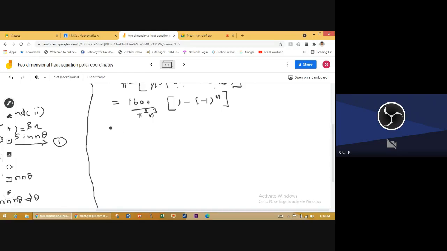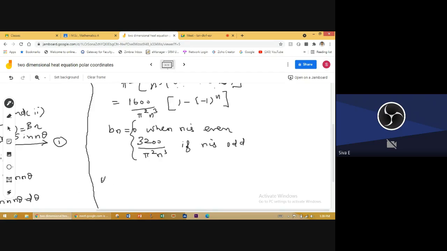So Bn equal to 0 when n is even. If it is odd, 3200 by pi square n cube, if n is odd. Okay, so what is the value of final u of r comma theta?